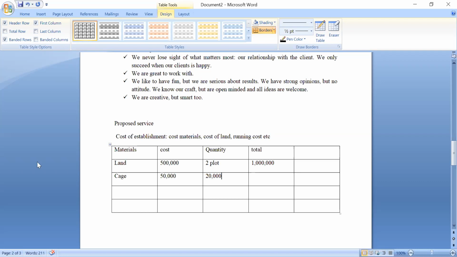So when you multiply it, I think you should be having 250,000 here. You should have something close to, I think that should be ₦1 million if I'm not mistaken.